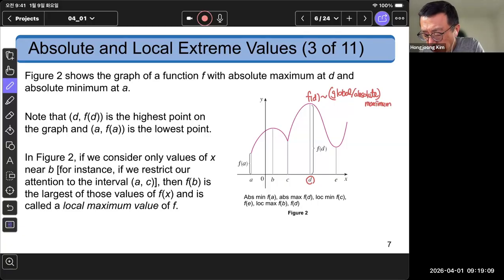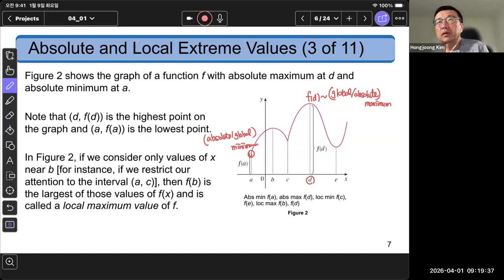And the smallest value seems to be f of a. So f of a is the minimum, or you may say absolute minimum, or global minimum, or just simply minimum.